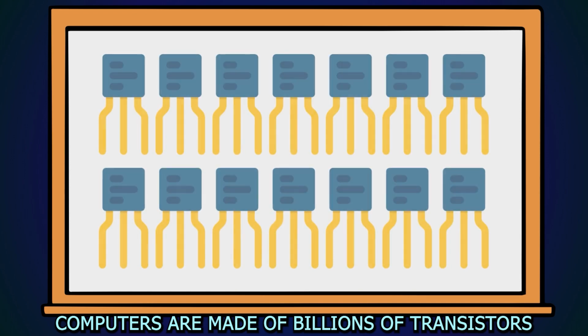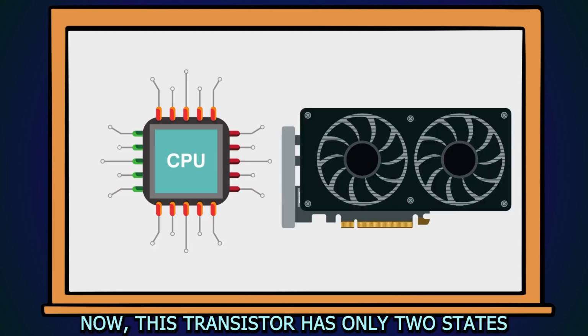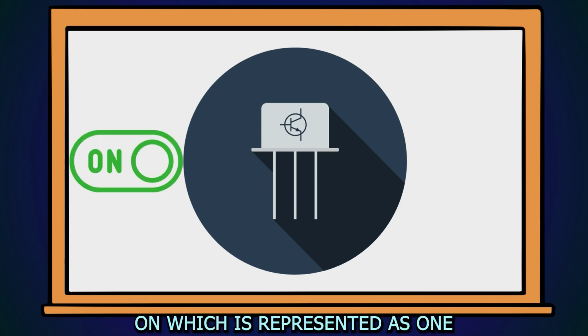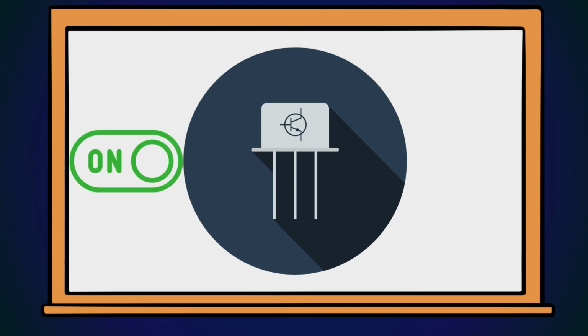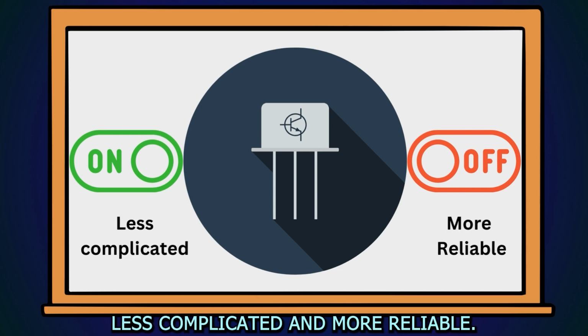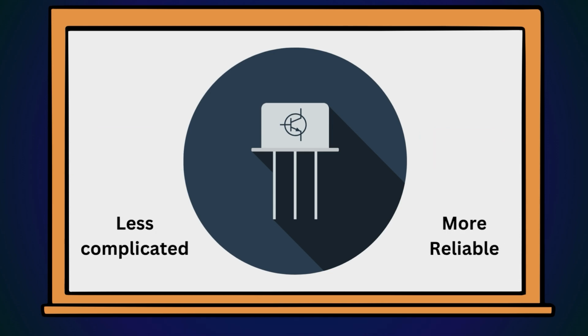Computers are made of billions of transistors, and they are mostly found in the CPU and GPU. Now, a transistor has only two states: on, which is represented as 1, or off, which is 0. Also, the binary system is less complicated and more reliable.